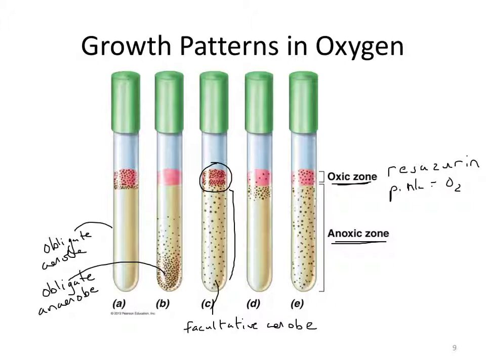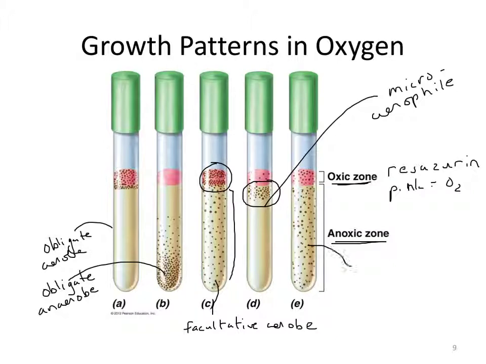Okay, so it can grow with or without, but it prefers to grow, or it grows better, in the presence of oxygen. The D tube is a microaerophile. So it's growing in the presence of oxygen, but preferentially where you have low concentrations of oxygen.